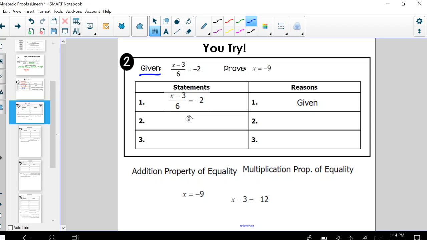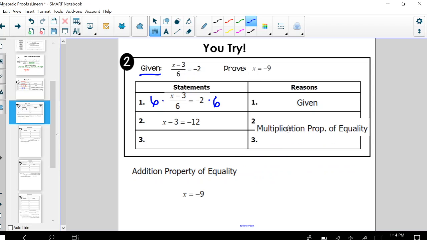The way that I'm going to do that is to multiply both sides by 6. So I would be multiplying both sides by 6, and then I would end up with x minus 3 equals negative 12. When we multiply both sides by the same thing, that's our multiplication property of equality.